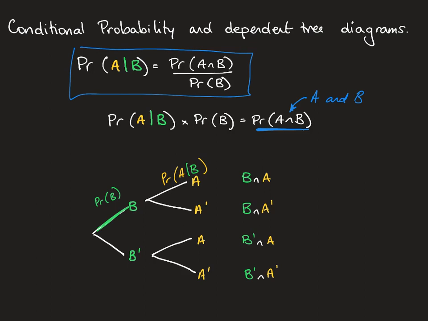So to find the probability for that particular branch, you take probability of B and you multiply it by the probability of A given B.